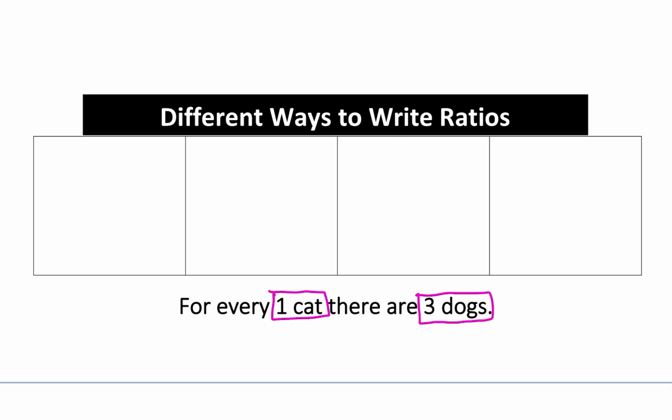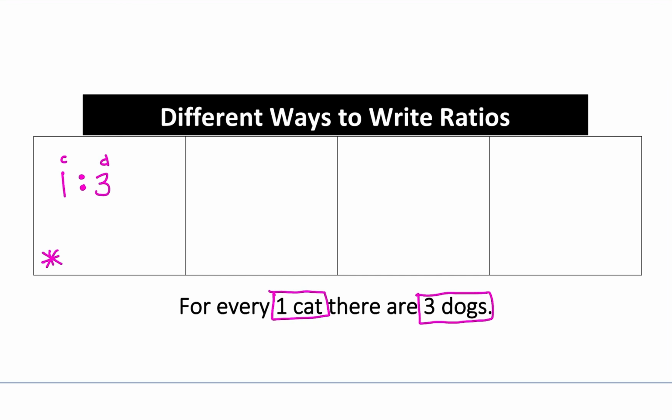So the way we can write ratios is we take that 1 and 3 and we put a colon in between them. A colon is the 2 dots. And then I can also label it: 1 is cats, 3 is dogs. So C is cat, D is dog. So a colon is one way you're going to see a ratio. This is the most common, so let's put a star down here. That's how you're typically going to see a ratio.